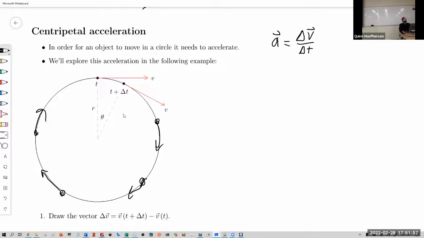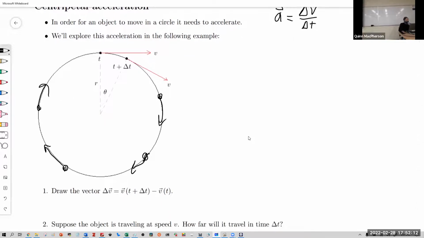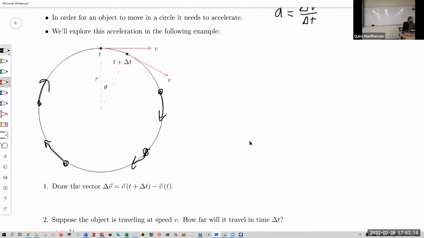The length of those arrows are the same because it's traveling at the same speed, but the direction is different. So that caused a change in velocity. So we can draw the change in velocity vector. If my first velocity vector is like this, that's the initial velocity, v0, and my final vector is like this, that's v final, or I could say one is v at t and one is v at t plus delta t.